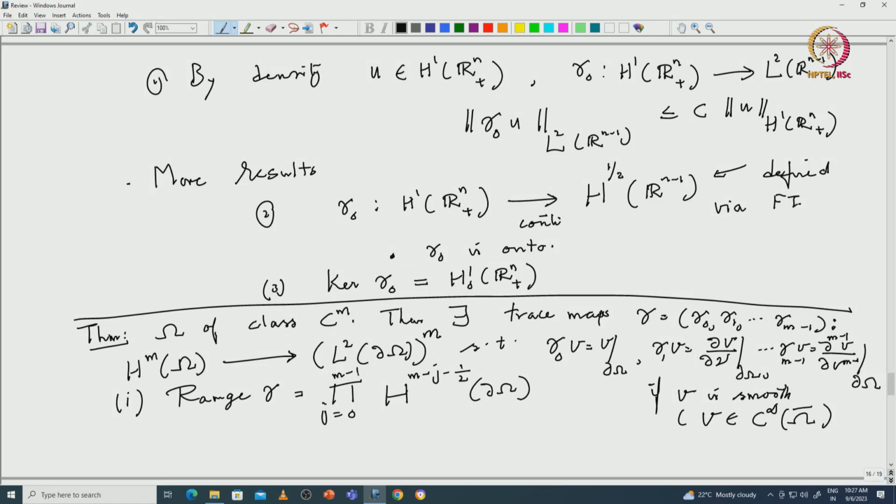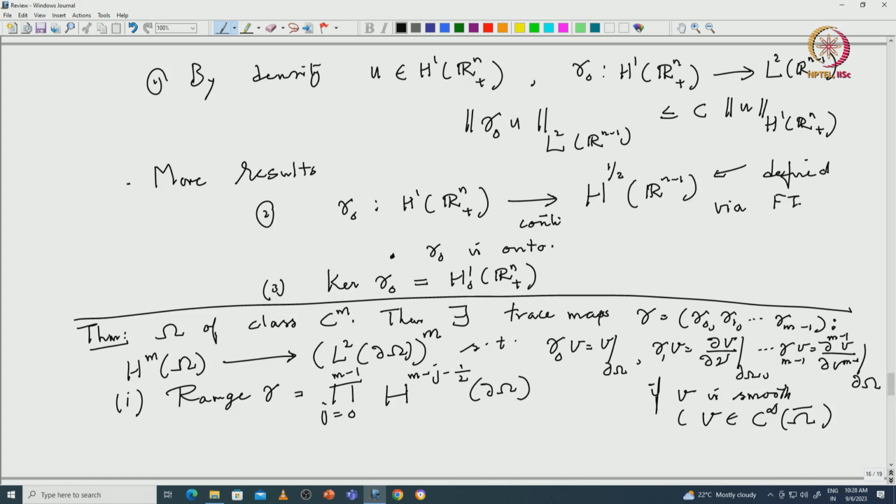When j equal to 0, gamma naught of v will be in H^(m minus half). Gamma 1 of v will be in H^(m minus 1 minus half), that is m minus 3 by 2. Each time you take a derivative, you reduce one derivative. For restriction, it will lose half a derivative.